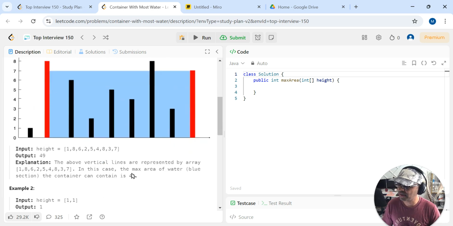In this case, they are saying the maximum amount is 49, which is formed by the left wall being the index 1 bar and the right wall being the index 8 bar. So 8 minus 1, the width is 7, and the height is also 7 because that's the lower of the two heights.